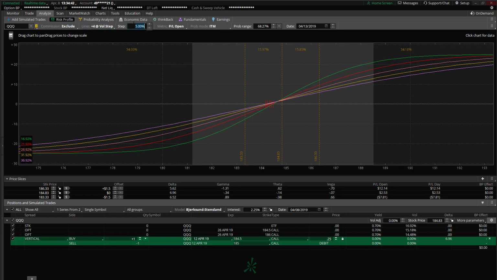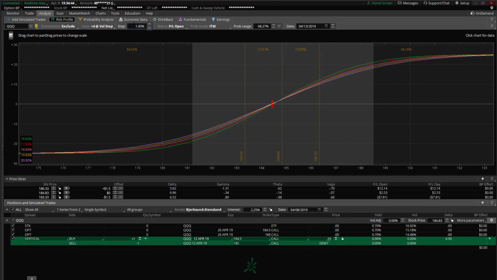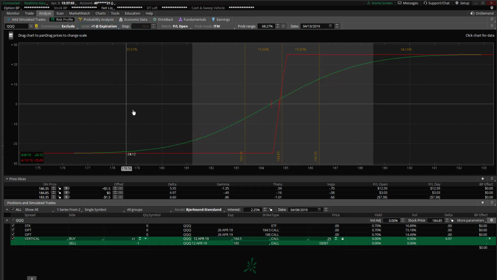So to be more accurate, we could try to apply just 1% of volatility and then move our mouse over here to visualize what our profit or loss could be for that. So now that you've got a very good understanding of the volatility step, let's set that back to expiration, puts it back to the way that it was.